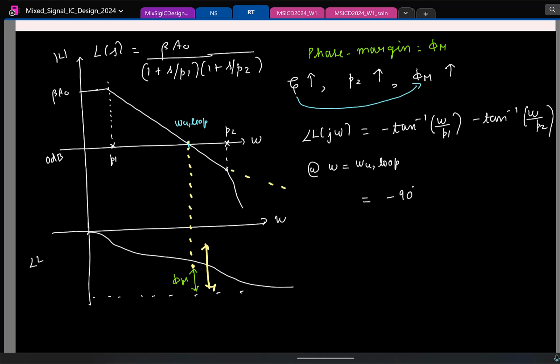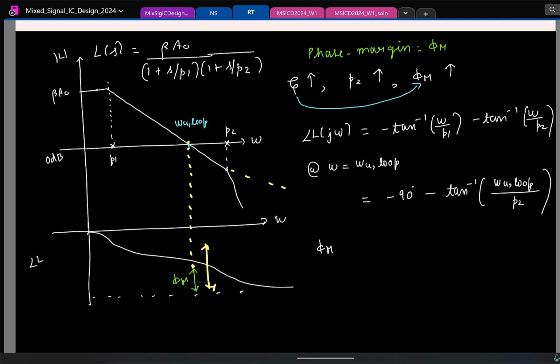The other way to see it is the first pole has come at a much lower frequency, so that phase has already reached minus 90 when I hit omega u. And what about the phase due to the second term? It's tan inverse of omega u loop by P2. So this is the phase.